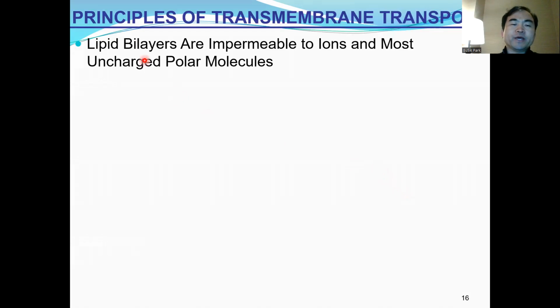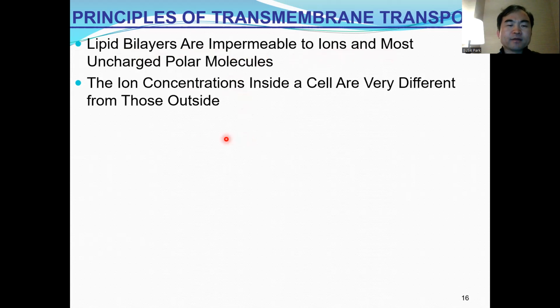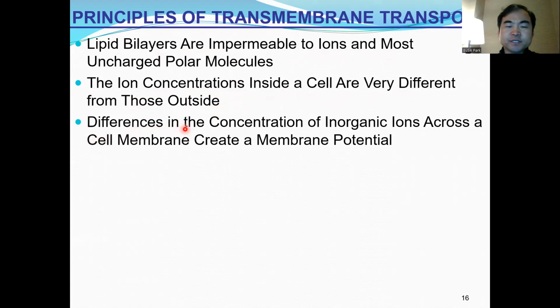Lipid bilayers are impermeable to ions and most uncharged polar molecules. The ion concentrations inside the cell are very different from those outside, and differences in the concentration of inorganic ions across the cell membrane create a membrane potential.